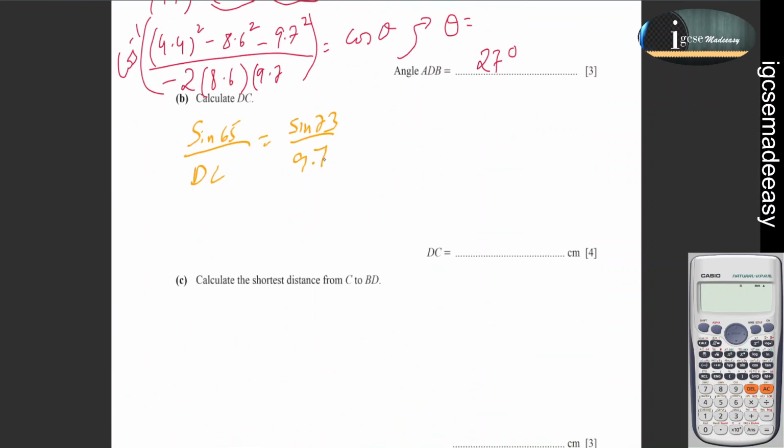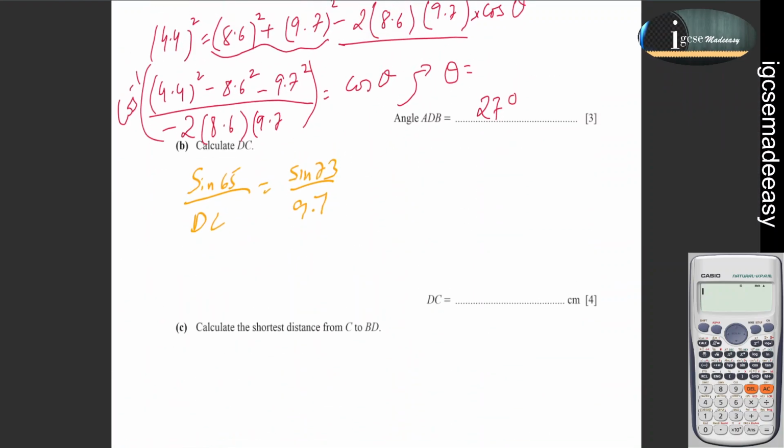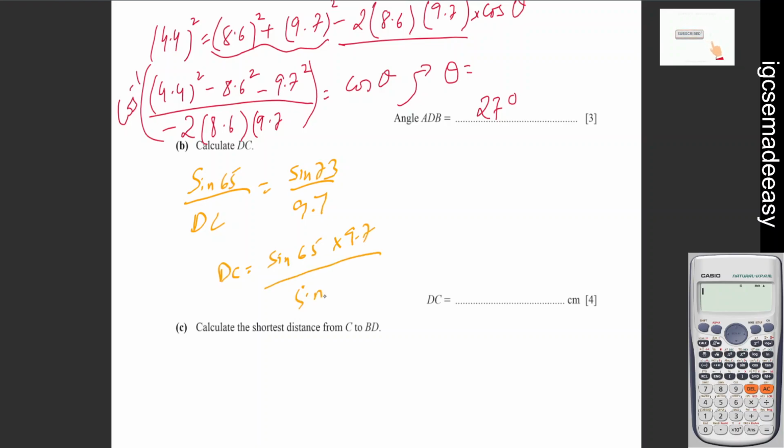So we can find the value of DC. Cross multiplying, DC will be equal to sine 65 times 9.7 divided by sine of 73. You can use a calculator. Sine 65 times 9.7 divided by sine 73 is 9.19. So 9.19 is the length of DC.